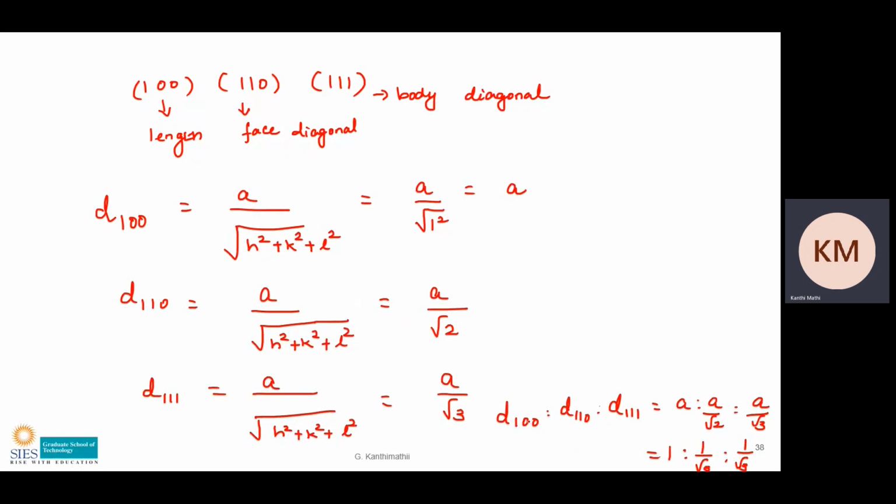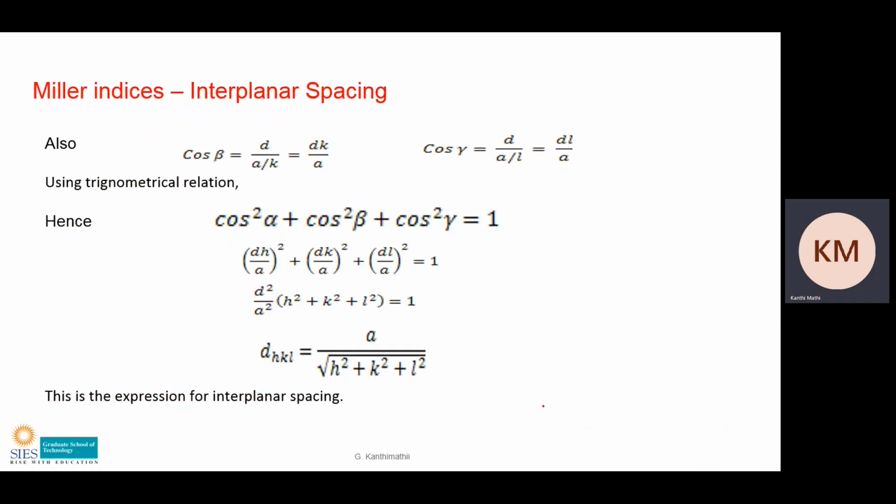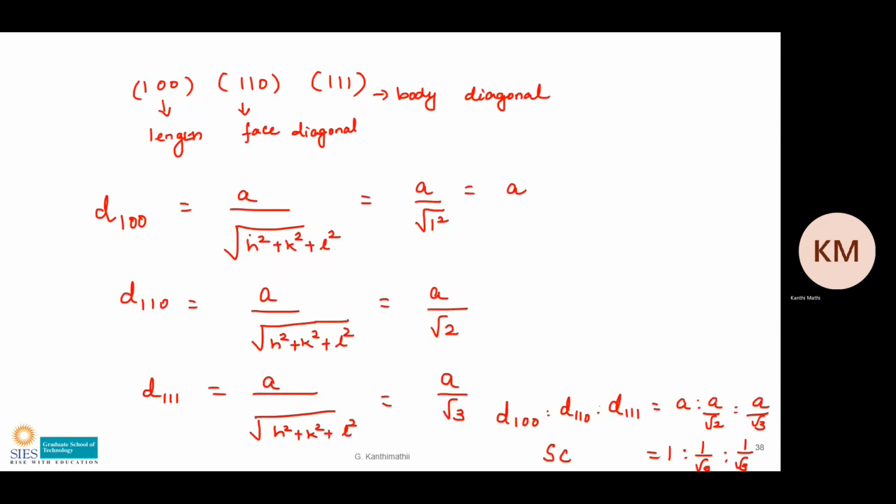This is the ratio among the interplanar distances for a simple cubic crystal structure. I hope you understood. We found the mathematical expression of d to be A by square root of h square plus k square plus l square. Now we considered these three planes 100, 110 and 111.